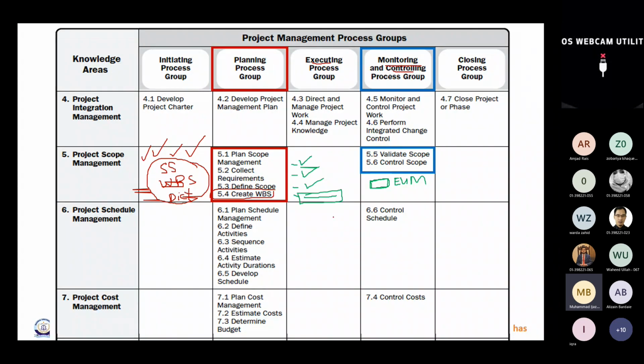Is it clear? Similarly, we'll develop a schedule that would give us a schedule baseline, and this baseline would act as a reference for everything related to schedule. Do you remember I told you the normal Gantt chart is a schedule baseline?